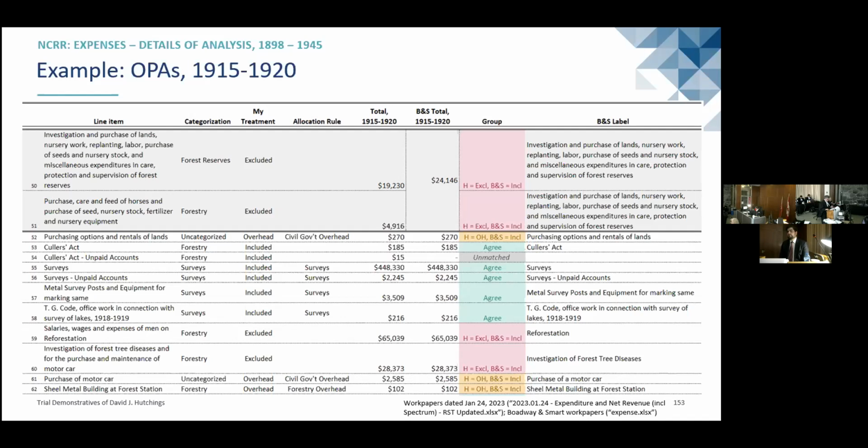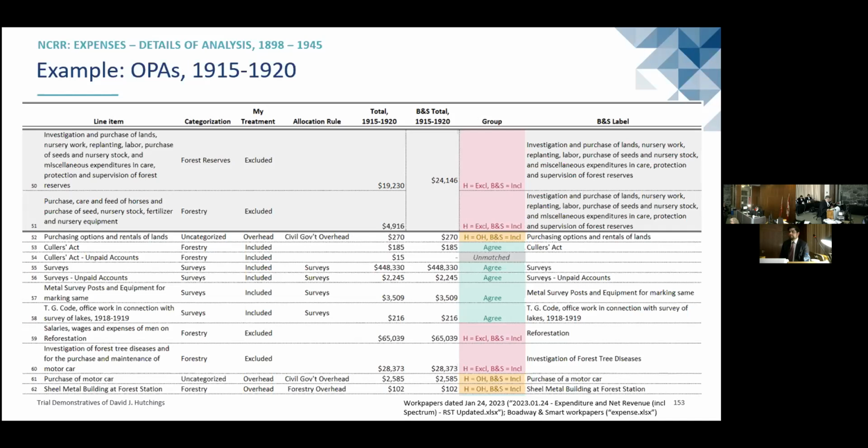Line 51 relates to purchase, care, and feed of horses and purchase of seed, nursery stock, fertilizer, and nursery equipment. It can relate to forest reserves or reforestation. I exclude both, as I've already talked about. So that's why we have that pink or red color that I exclude and they include.